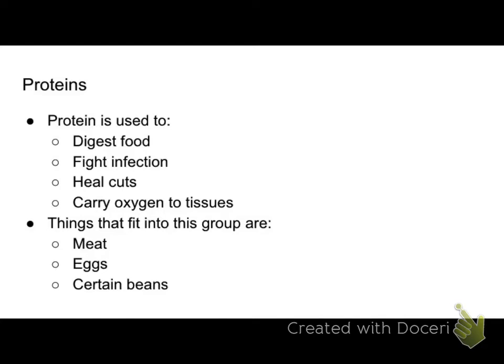Okay, so you'll notice that we get most of our proteins from animals or animal products, which is why if you are choosing to live a vegetarian or a vegan lifestyle, it's really important for you to find alternate sources of proteins and sometimes to supplement your diet with some vitamins and things that may have some of the amino acids you're not getting. Okay?